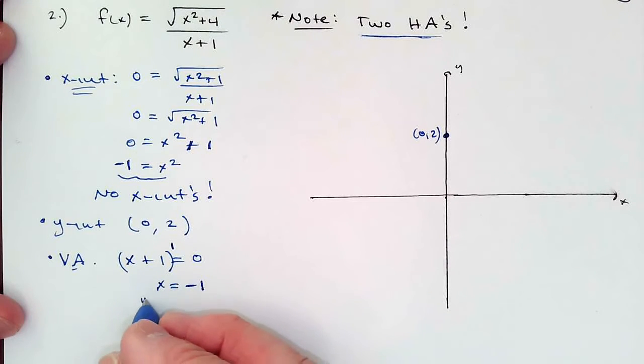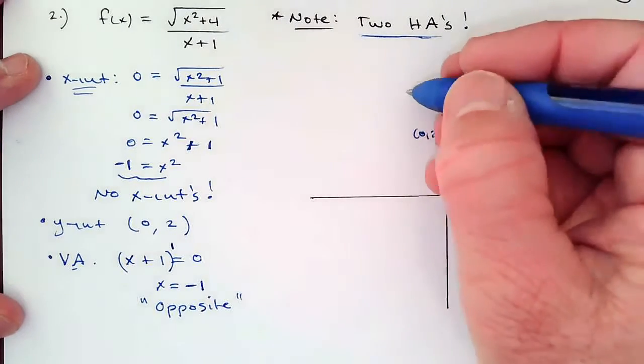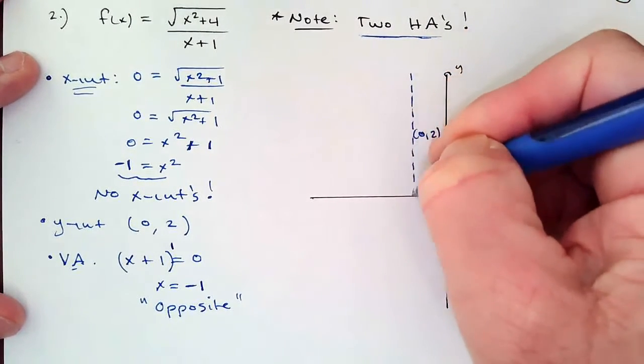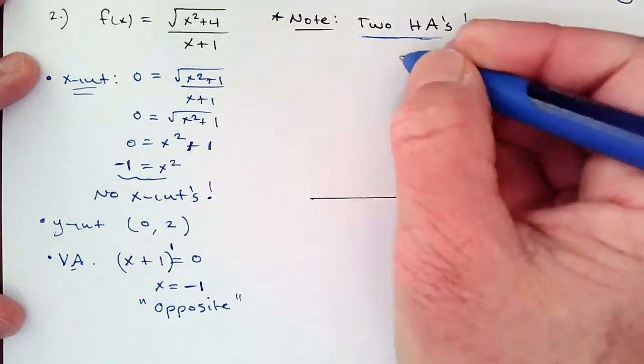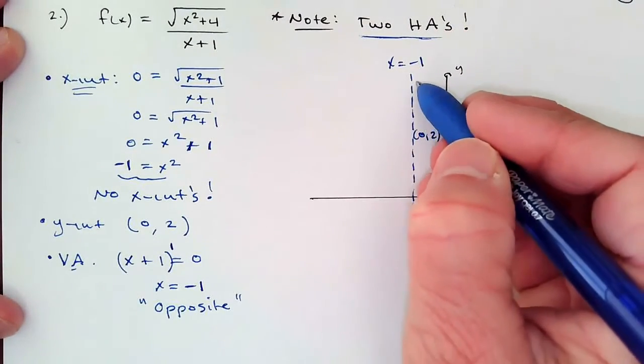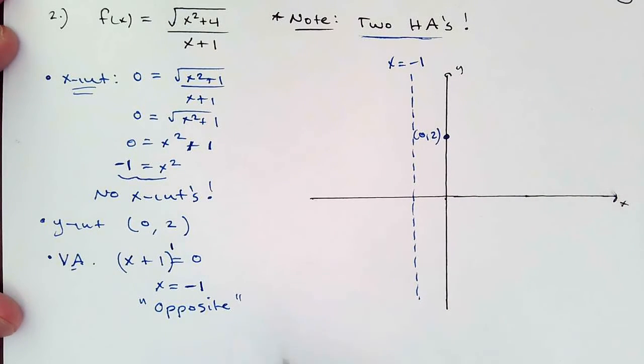So this is what we would classify as opposite. So let's put that in our graph. So negative 1 right here. If on one side of the asymptote the graph goes up, the other side goes down, or vice versa. That's what we mean by opposite.